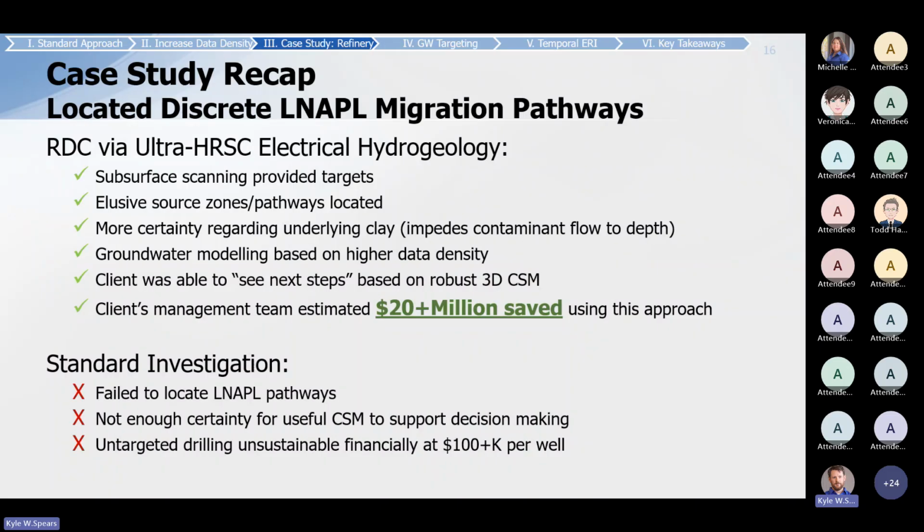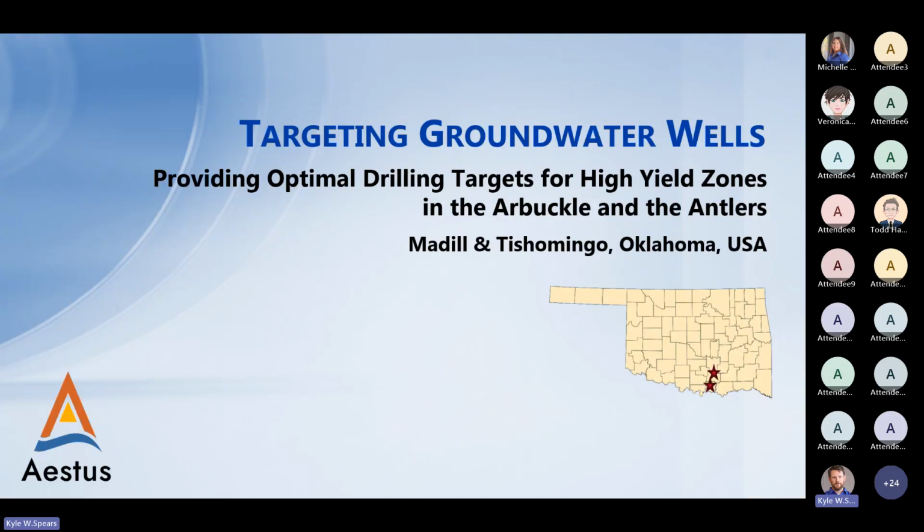And so their own management team estimated that by using ASTIS, they were able to save 20 million. So that's a huge victory for them, and that's the kind of thing that the scanning can help our clients achieve. So moving on to clean water.